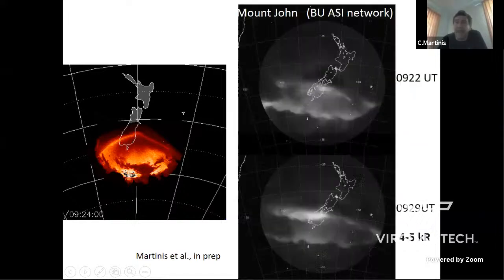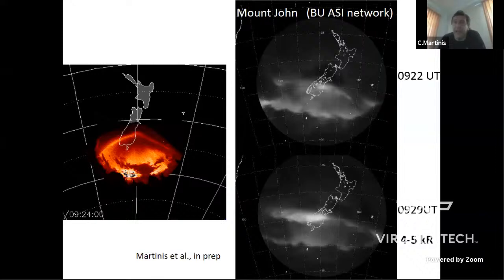Boston University has one imager at Mount John, and that imager showed there was a bright arc, obscured by clouds here, as you can see, but there are areas where you can clearly see that there is airglow. These are calibrated images, so we can get a real value of the brightness.